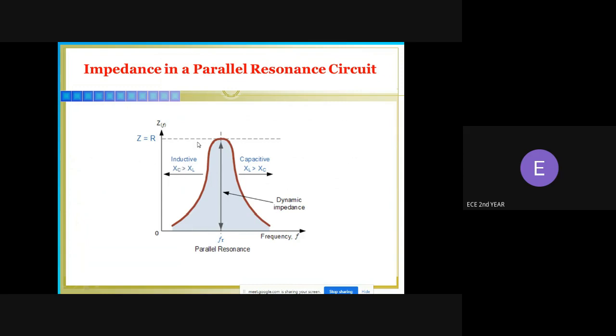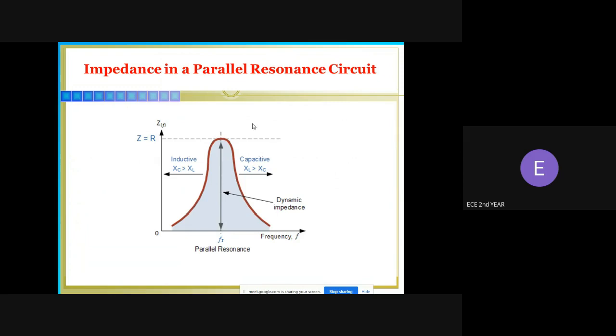In this portion of the curve, the circuit will be a pure inductive circuit. If the capacitor value is high, the circuit will act as an inductive circuit. But in the second half, XL is greater and XC is minimum, so at that time the circuit will behave as a capacitor, because in a parallel circuit these are interchanged.